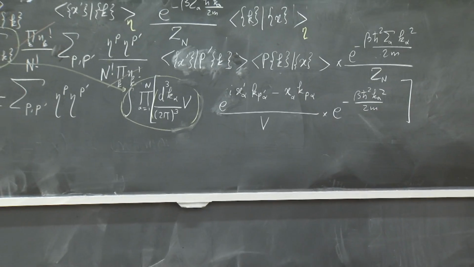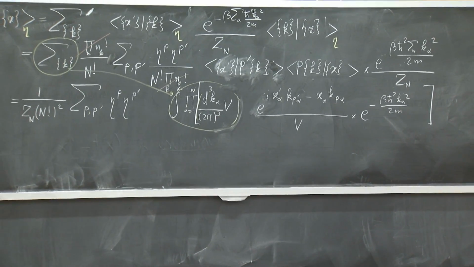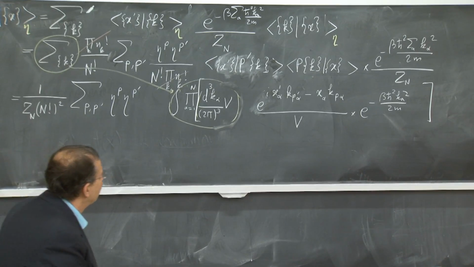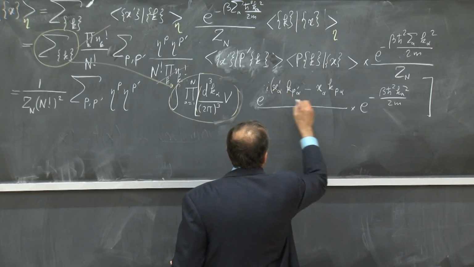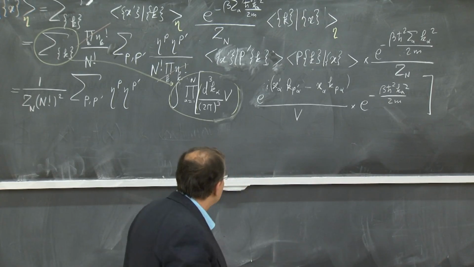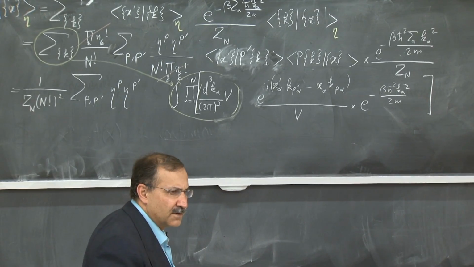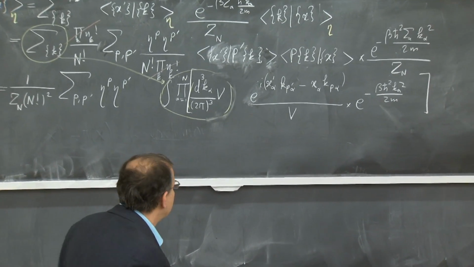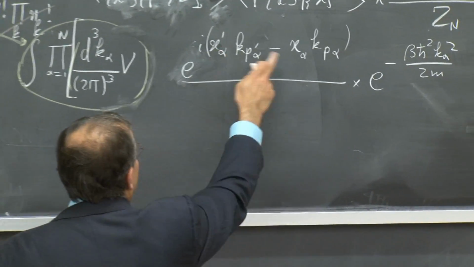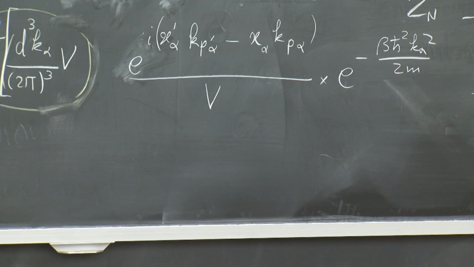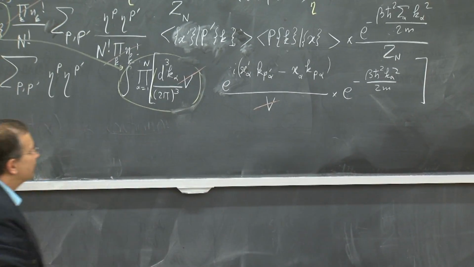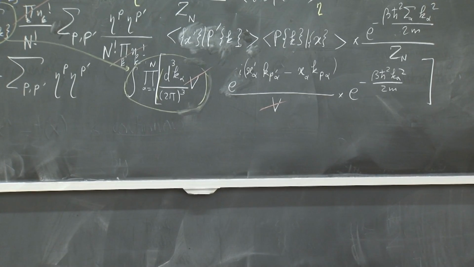Okay? After the quantity x k minus the exponential, I forgot an a here. What else did I miss out? So I forgot the i. Right. Okay, good. So the v's cancel out.